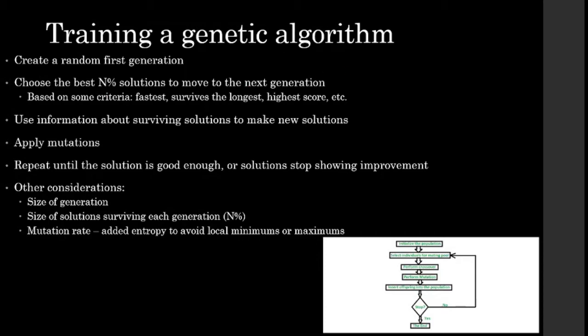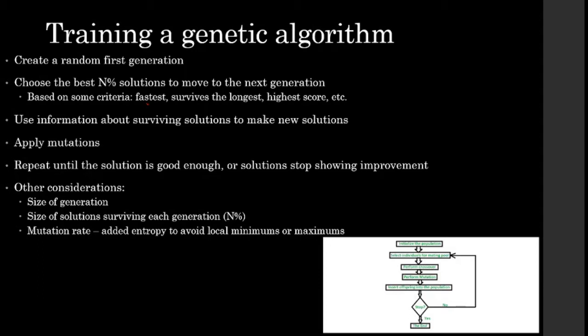The criteria could be something like which solution works the fastest, survives the longest, or has the highest score, anything that you want to minimize or maximize. We'll use that information from the surviving solutions to make new ones.